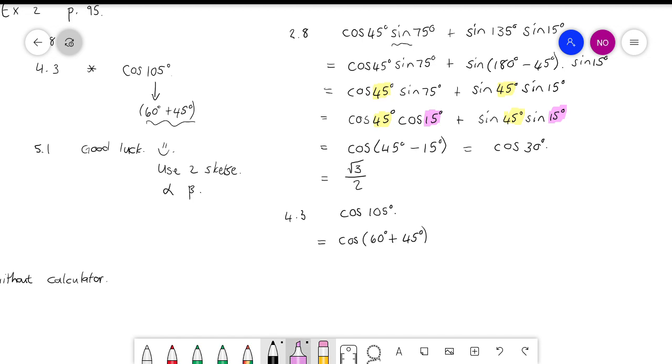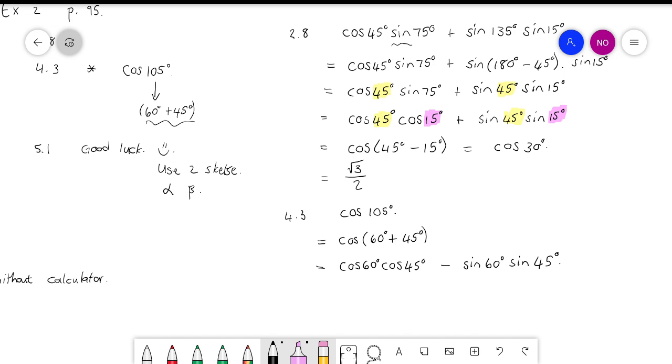Okay. En nou gebruik jy jou uitbreidingsformule en sê dit beteken dis cos 60 cos 45 minus sin 60 sin 45. For that you use your formula sheet, né? Cos van 'n hoek plus 'n hoek brei ons uit na cos van hoek A, cos van hoek B minus sin van hoek A, sin van hoek B. Your formula sheet.